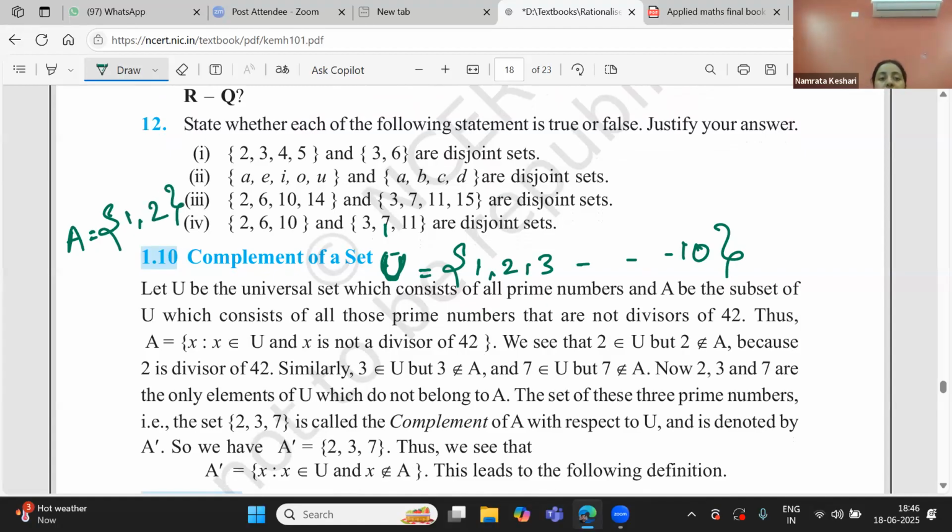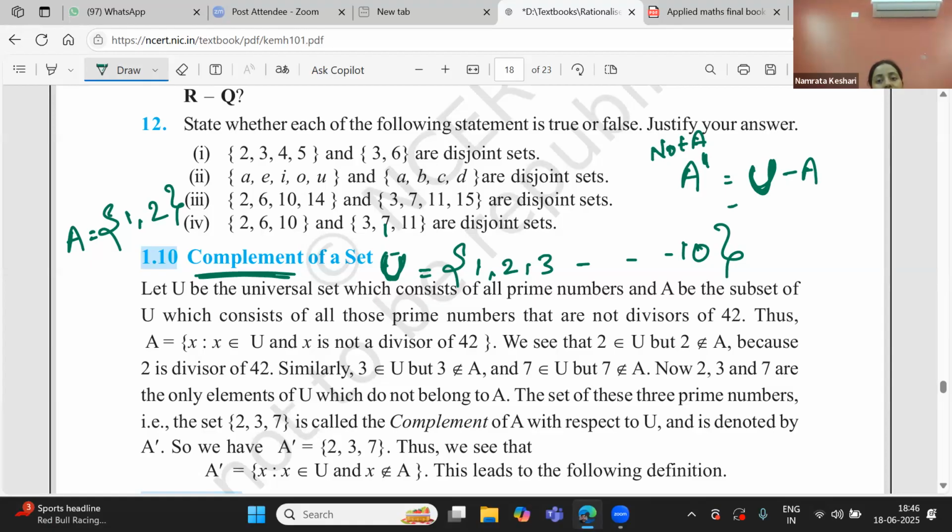Then if you have to find the complement of A, that means A dash, that will be this universal set minus A. That means the elements which are there in A, we cannot take. Complement of A means not A. So we cannot take the elements of A.